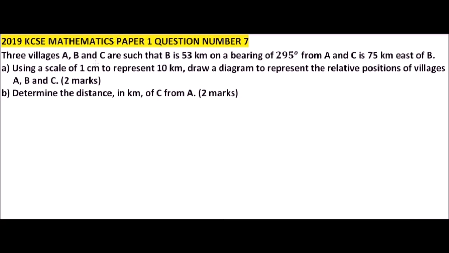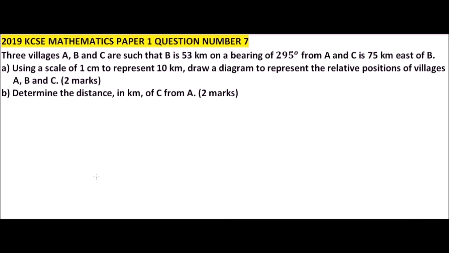So for us to be able to do this, we are told to use a scale of 1 centimeter to represent 10 kilometers. So using the scale, we are going to show this position. We are told that B is 53 kilometers on a bearing of 295 from A. So the first thing we do is to make a sketch that is going to guide us on how to draw this diagram.